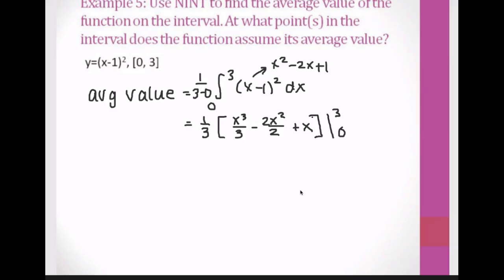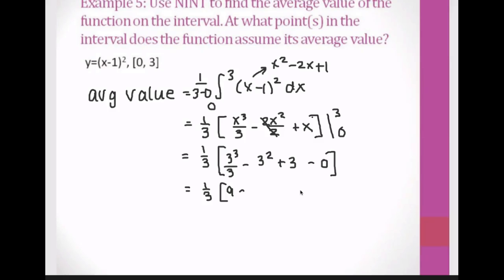So 3 to 0. Cancel those 2's. So you get 1/3. Plug in your 3, so you have 3 cubed over 3 minus 3 squared plus 3 minus zeros, because 0, 0, 0. 3 cubed is 27. 27 divided by 3 is 9.